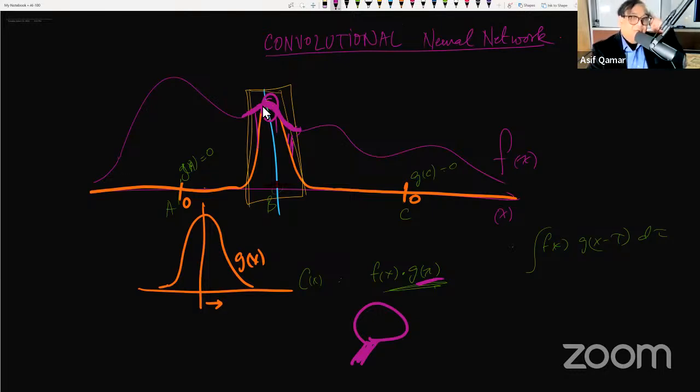Or those of you who have played with microfiche in the library, you have to scan it over the whole thing to be able to read. Am I making sense, guys? That is convolution. The magnifying glass is in effect a convolution function. That's the only intuition you need to have.